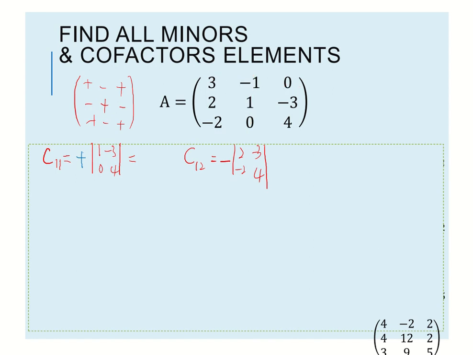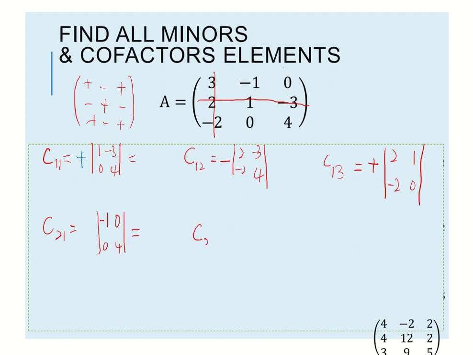And then the third one: delete the row, delete the column, so we have 2, 1, negative 2, 0, and the sign is positive. Continue with 2, 1. We delete the row, delete the first column. We have negative 1, 0, 0, 4.